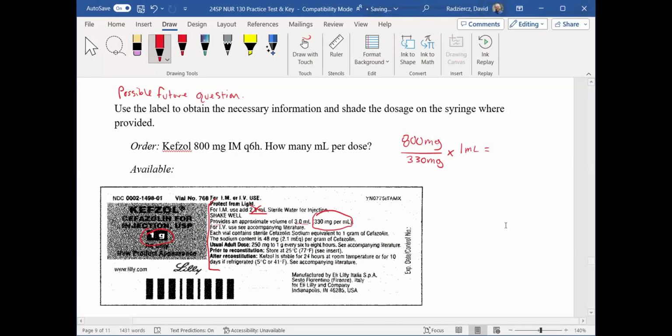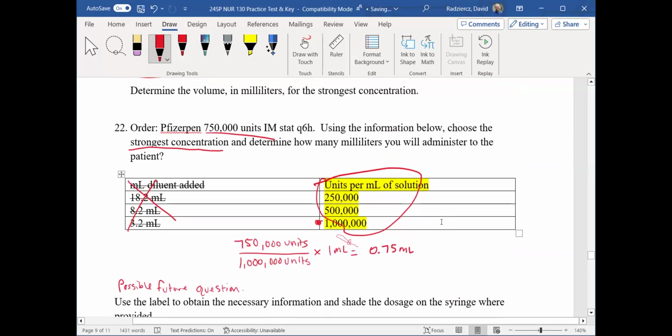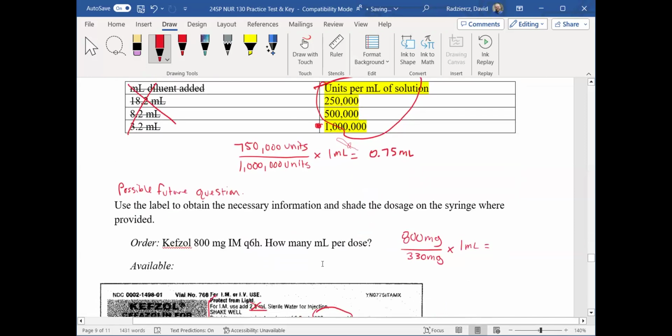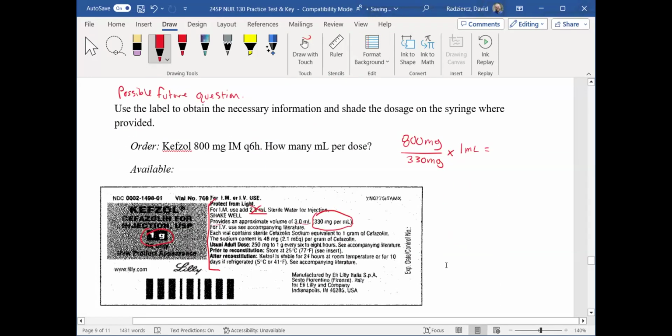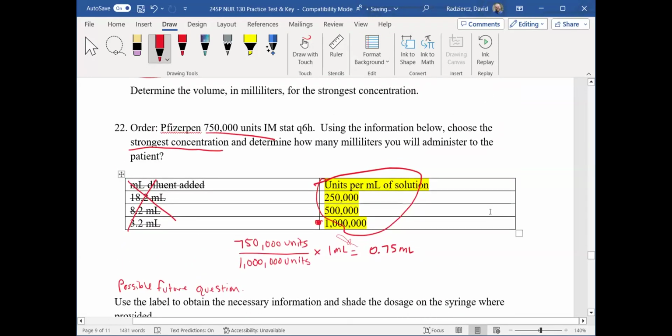To be clear, you will most likely see this as question 22, because you probably saw it on your 110 test too, or at least something similar. The trick to this question is just to make sure you ignore the milliliters diluent added. So you may see a question that looks like this. Unfortunately, later in the future they should look more like this, but right now, you might see this.